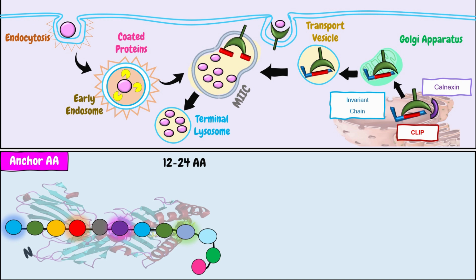The anchor position closest to the amino terminus, which is position 1, accepts only aromatic or large aliphatic amino acids. This is essential for high-affinity peptide binding. Other important, although less critical, anchors are the amino acids at peptide positions 4, 6, and 9.